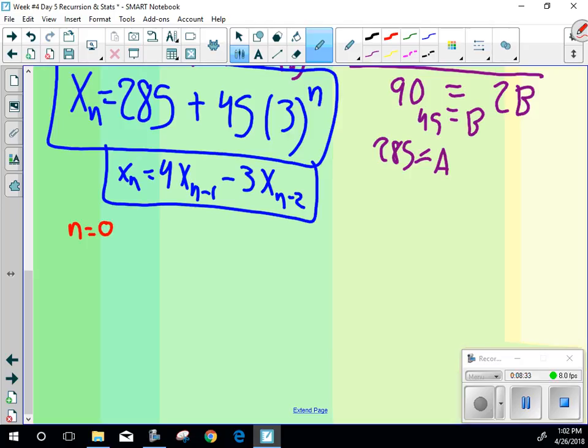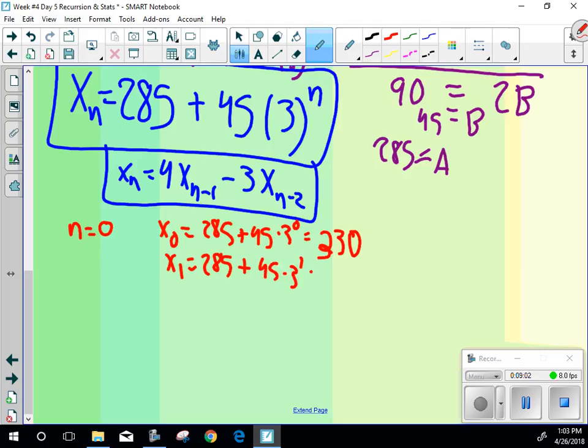So if we took this first one, X of 0 is going to be equal to 285 plus 45 times 3 to the 0, which is 330. That's what we had originally. And then if we did X1, we'd get 285 plus 45 times 3 to the first, which should be your 420.